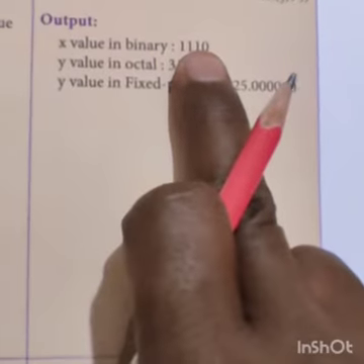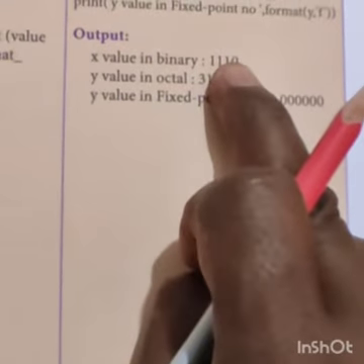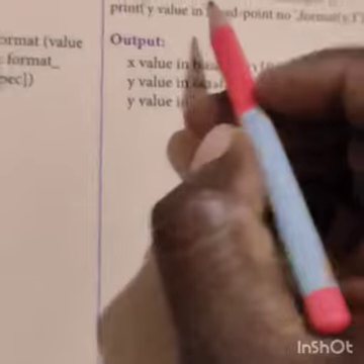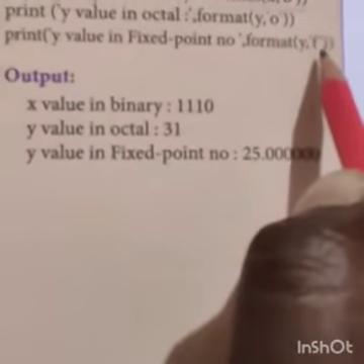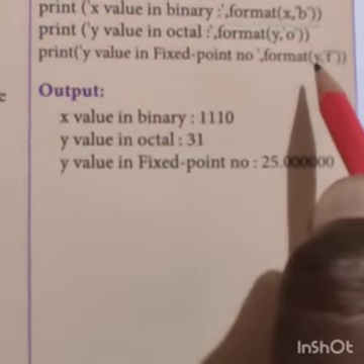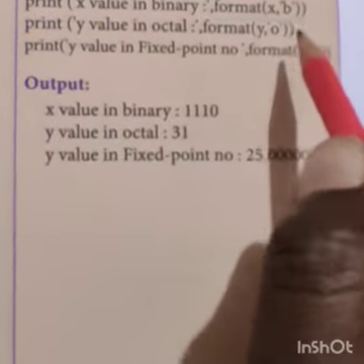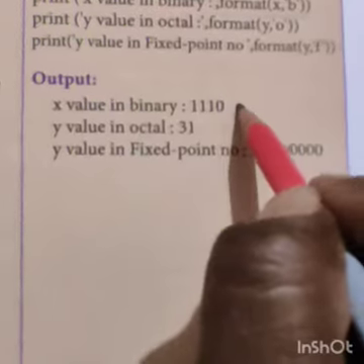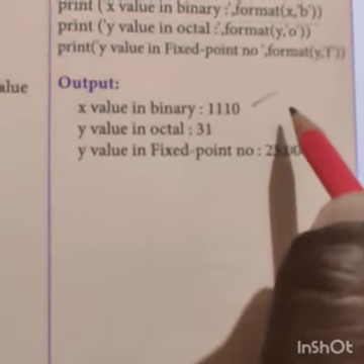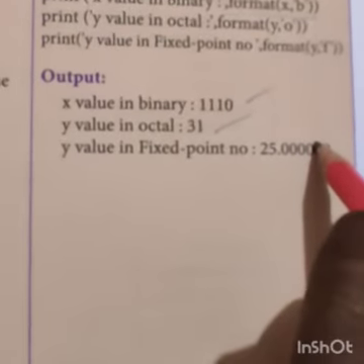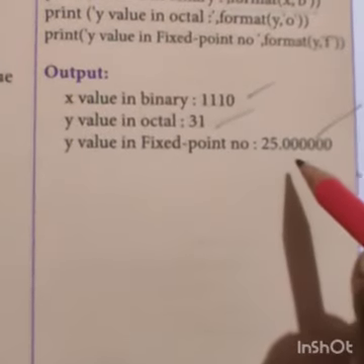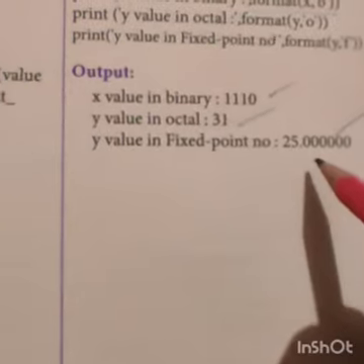So next, what is this? Format. Format means what? See here, 1100. x value format of b. What is b? b means binary format. o means octal format. f means floating format.